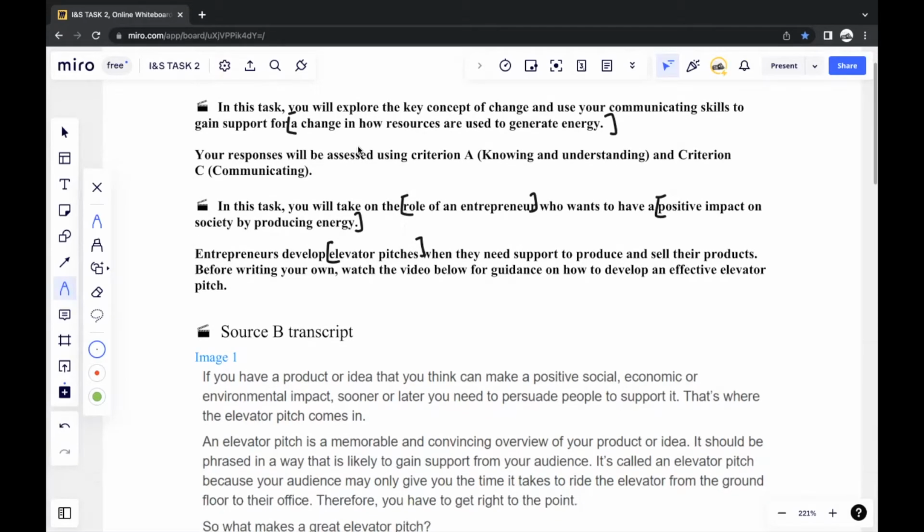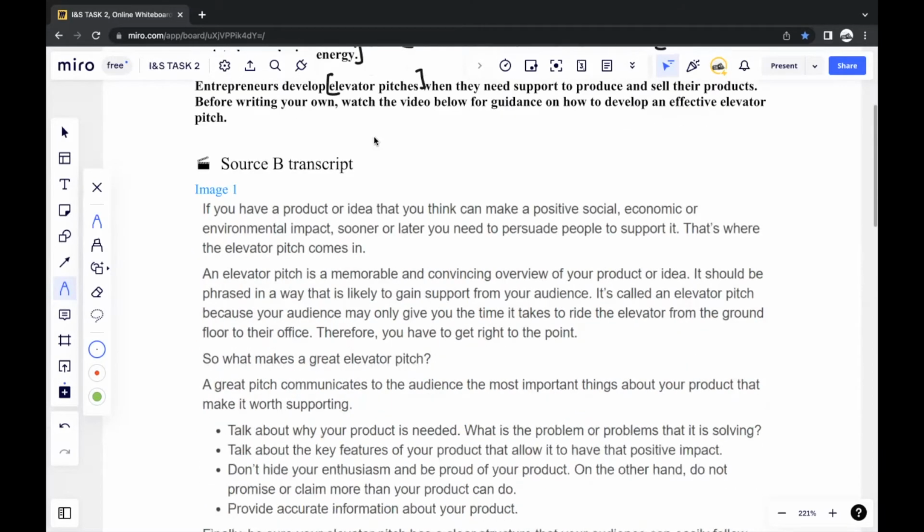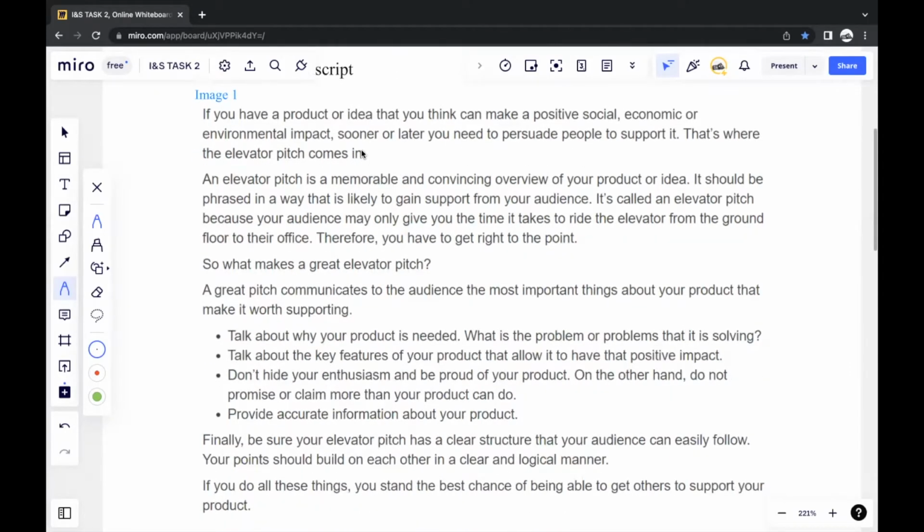Of course, the e-assessment wouldn't expect you to know what an elevator pitch is. So they actually provided a video explaining what an elevator pitch is, along with a transcript of what the video is about. I didn't really include the video. So you could just read through this transcript to understand what an elevator pitch is and what makes a good elevator pitch, which they sort of highlight here.